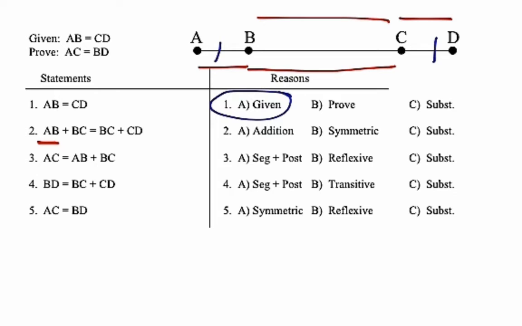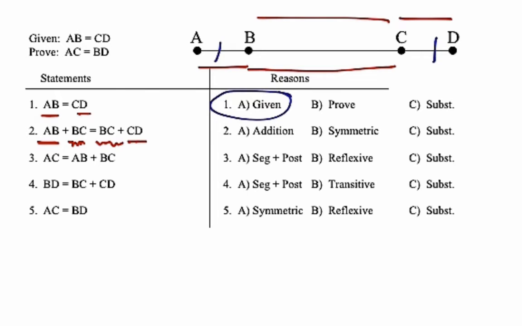Well, the AB is still there from the first statement. The CD is still there from the first statement. So what really changed from statement number 1 to statement number 2? I added BC to the left side, and I added BC to the right side.